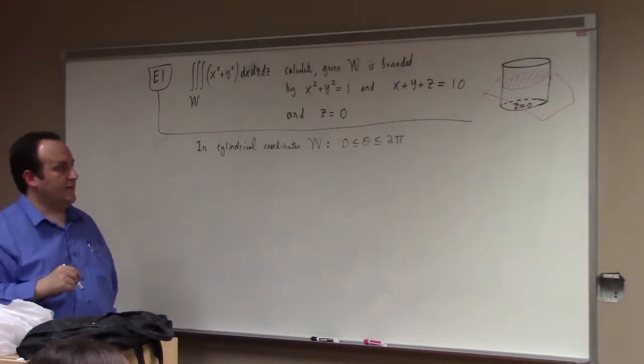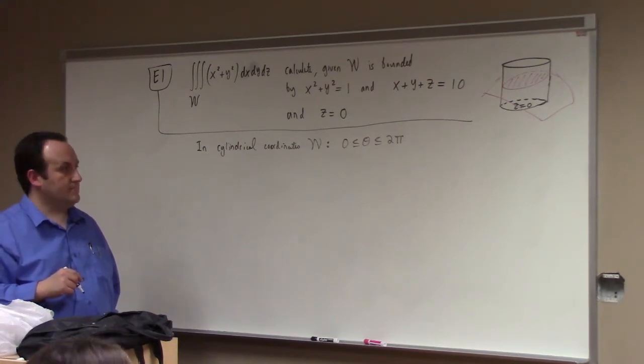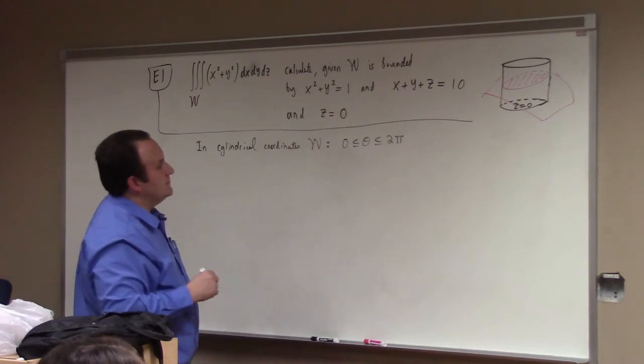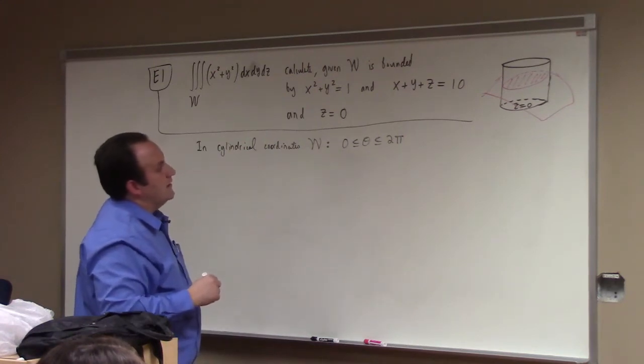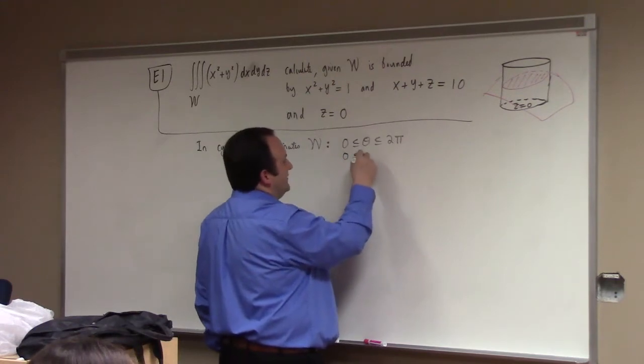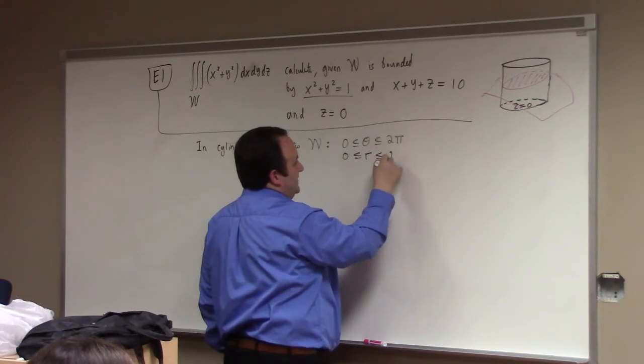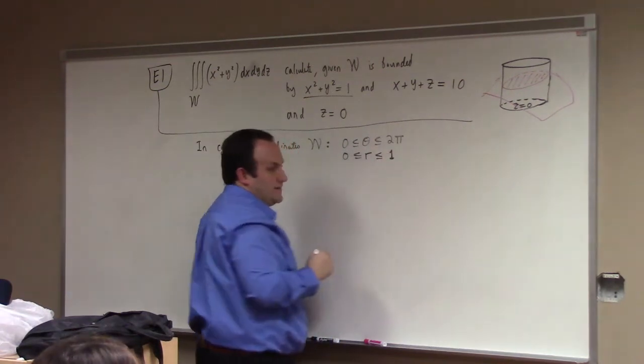And how about r? Well, it looks like r is ranging from 0 to, oh yeah, 0 to 1. Yeah, I'm an idiot. Maybe this was a clue. I mean, that's technically r squared being 1, but if r squared is 1, then r is 1.